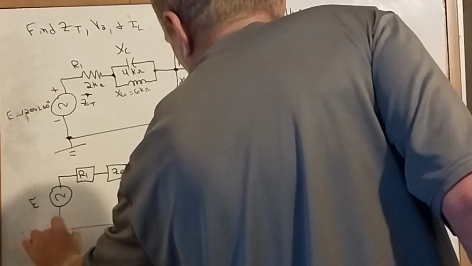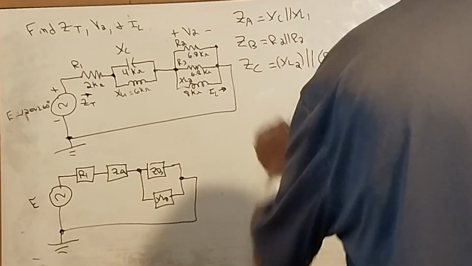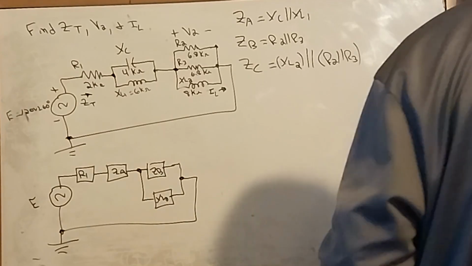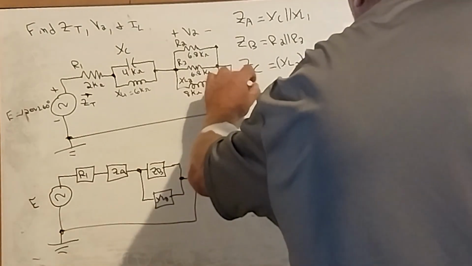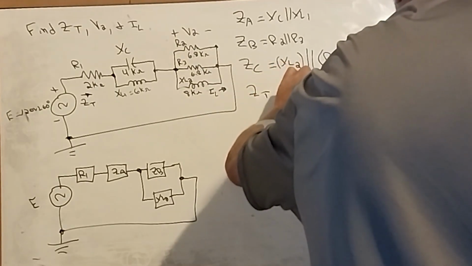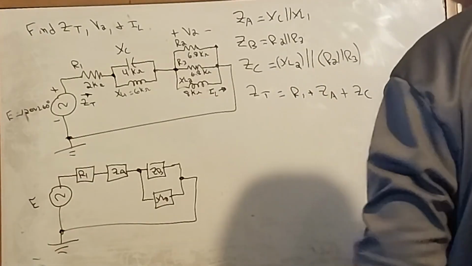And make sure we have our ground, so we have a completed circuit. Notice these 2 are in parallel, so we'll say that that's what Z sub C is, this right here. Okay, so our total impedance is R1 plus Z sub A plus Z sub C, right?